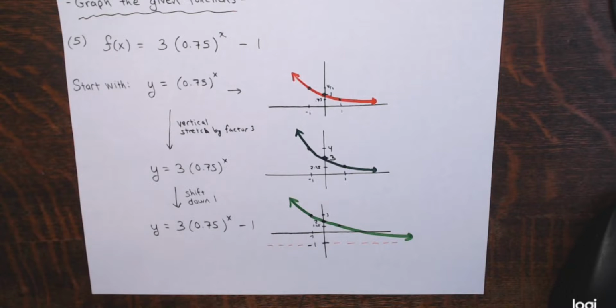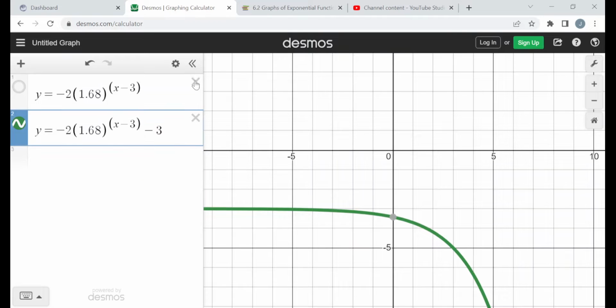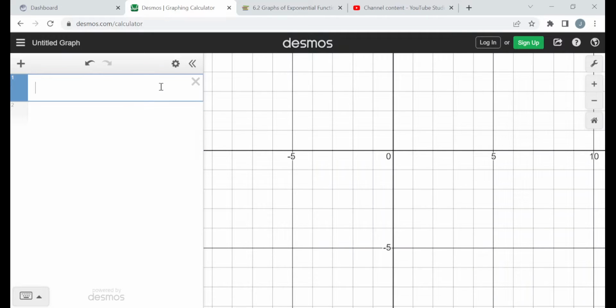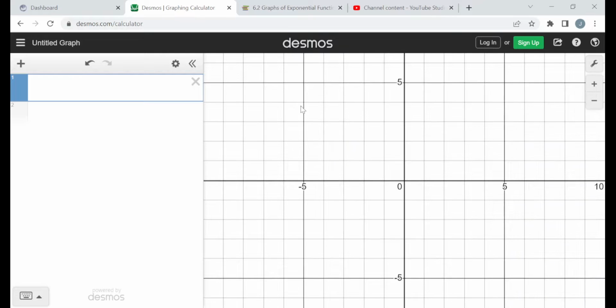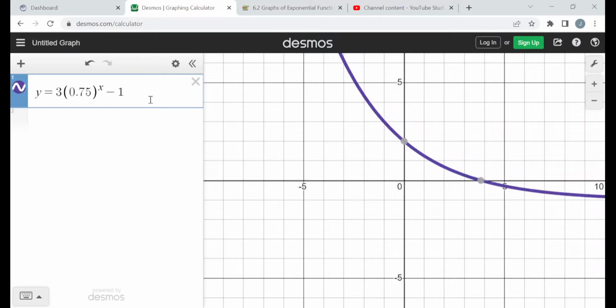All right, and in fact, let me just show you. We'll just go to the Desmos site again, and I'll just enter the function that we were given, and we'll see. All right, so this is y equals 3 times 0.75 to the x power, and then -1.